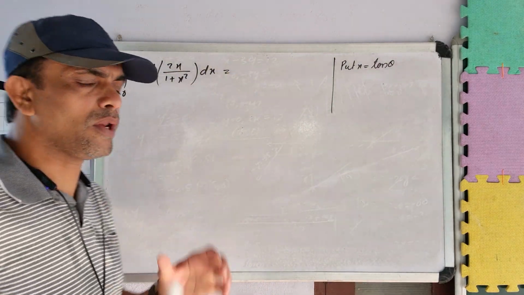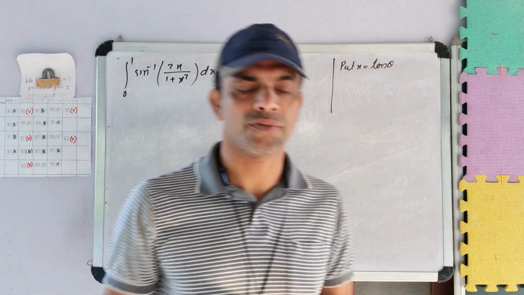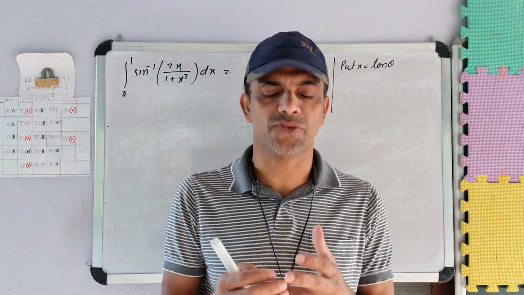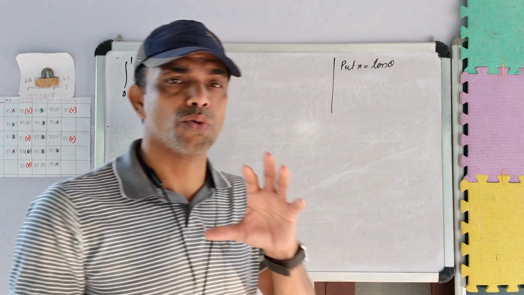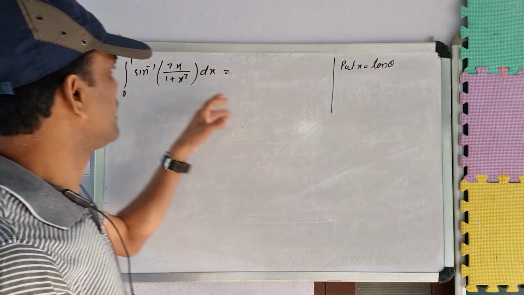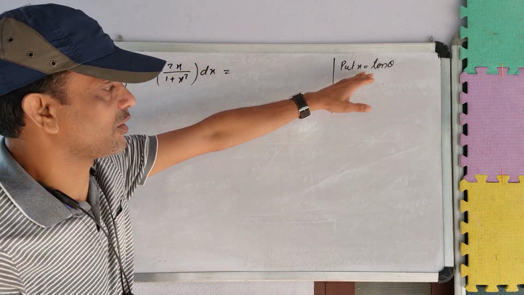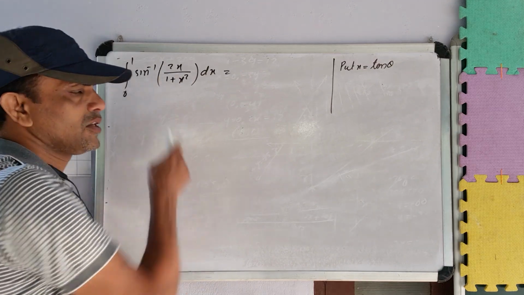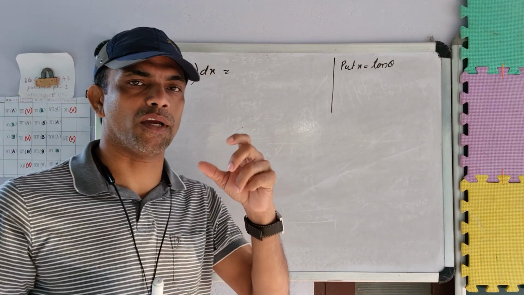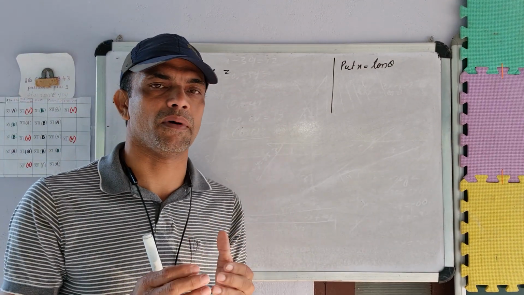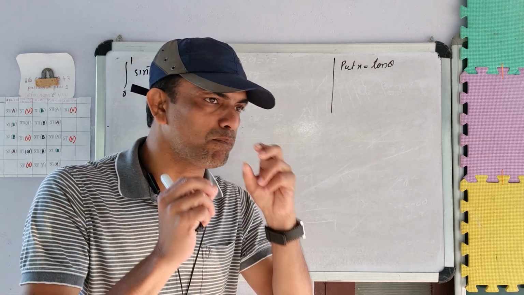We know when you get an inverse trigonometric function, to simplify, integrate, or differentiate, there is no direct process applied. Before you integrate or differentiate, you have to express the given inverse trigonometric function in its simplest form.